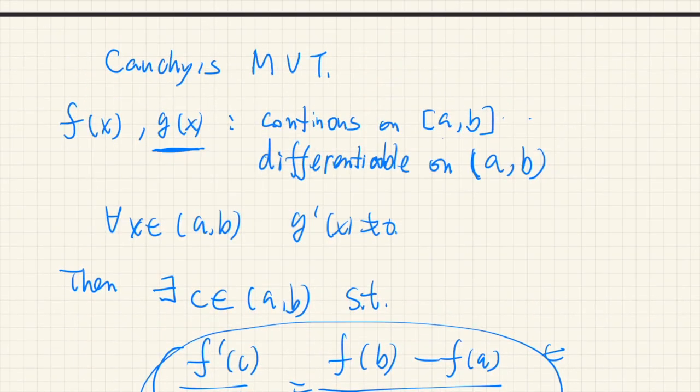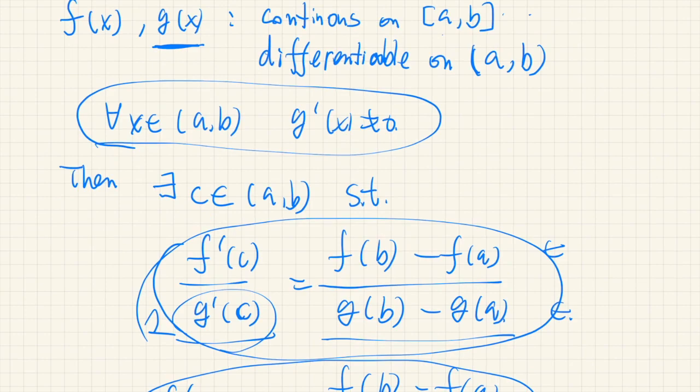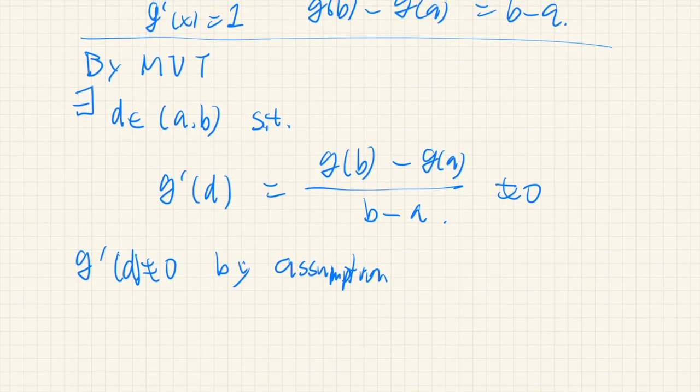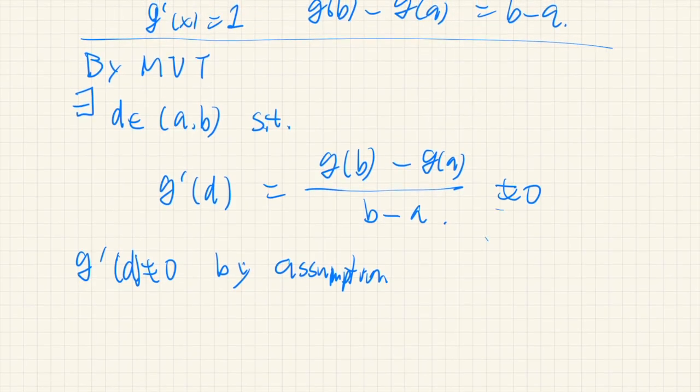Assumption means we assume this. So in the open interval between a and b, g prime is always non-zero. So that means this is non-zero, therefore g of b minus g of a is also non-zero.